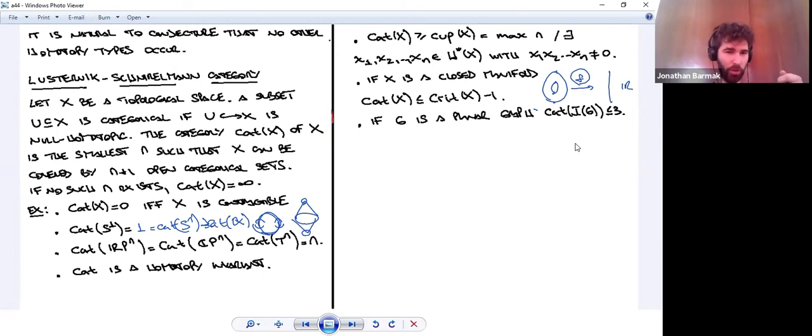By definition of coloring, each color gives an independent set, so this is a simplex in the independence complex. Since all the vertices are covered by some color, if I take the union of these 4 star clusters, this will be everything. So we are covering this by 4 contractible subcomplexes, and this is why the category is smaller than or equal to 3.